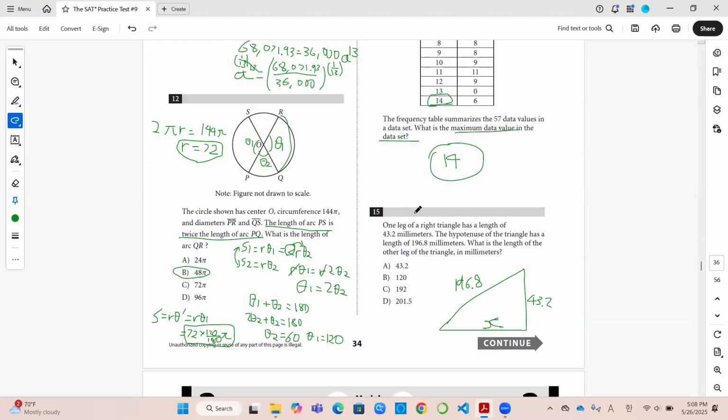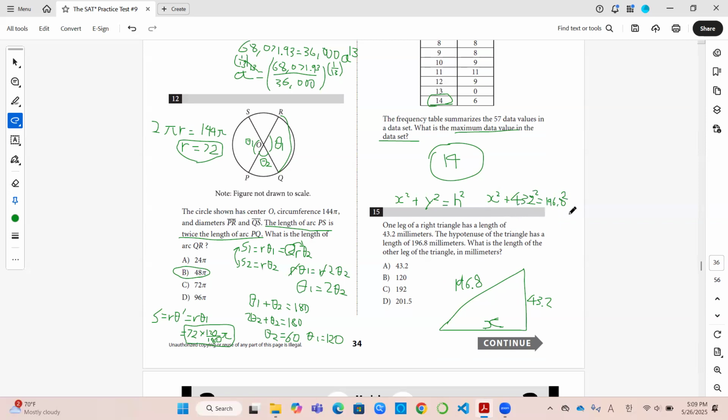So we know that the Pythagorean theorem is x squared plus y squared is equal to the hypotenuse squared. So I'm going to go ahead and plug that in. x squared plus 43.2 squared is equal to 196.8 squared.